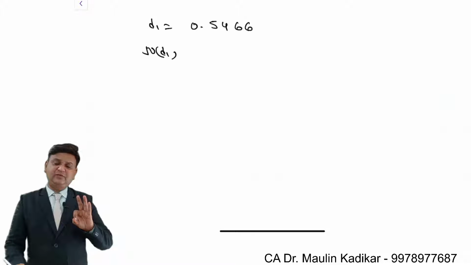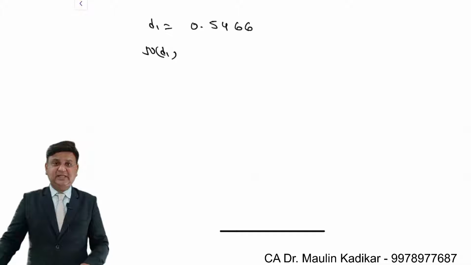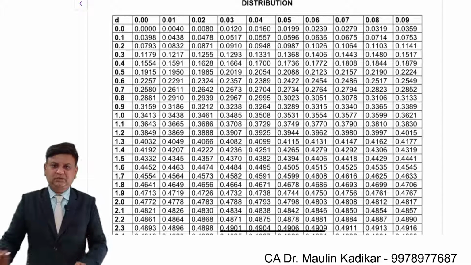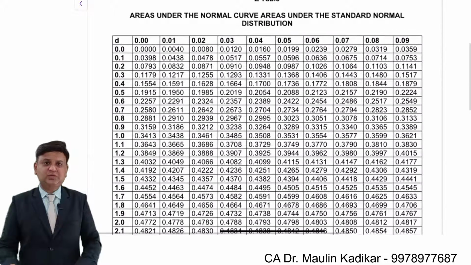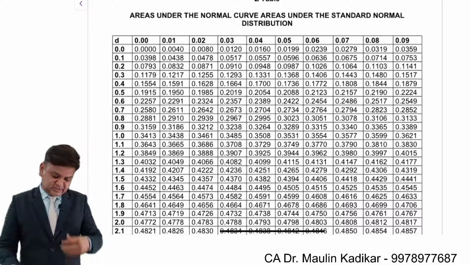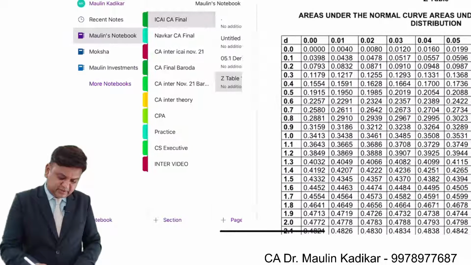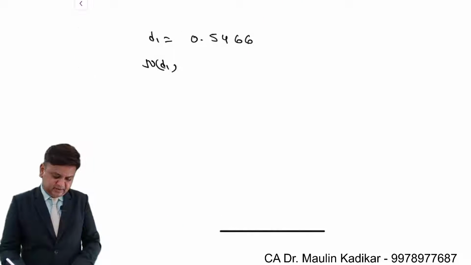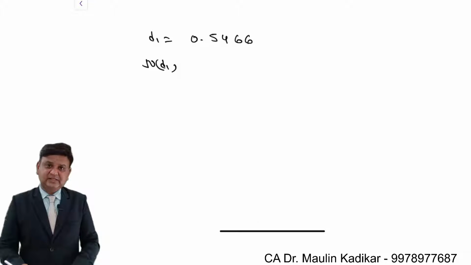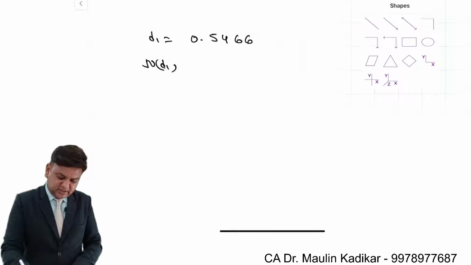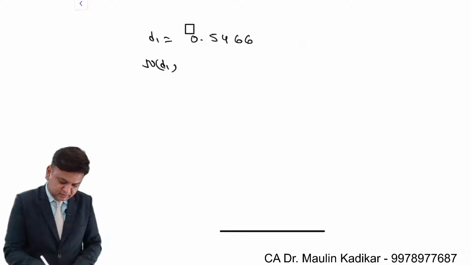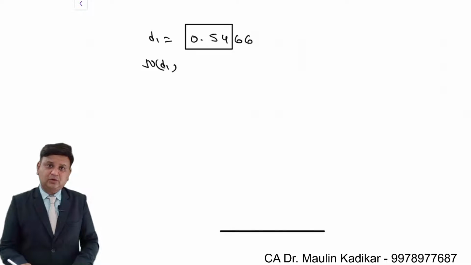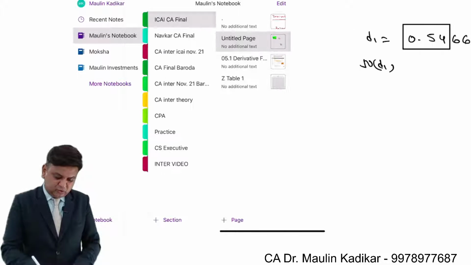First of all, friends, we are required to see the Z table reading. So here, we are supposed to see 0.5466. Whatever the value we are required to find, we are required to see 2 digits after the decimal. So here 0.54. Why only 2 digits?